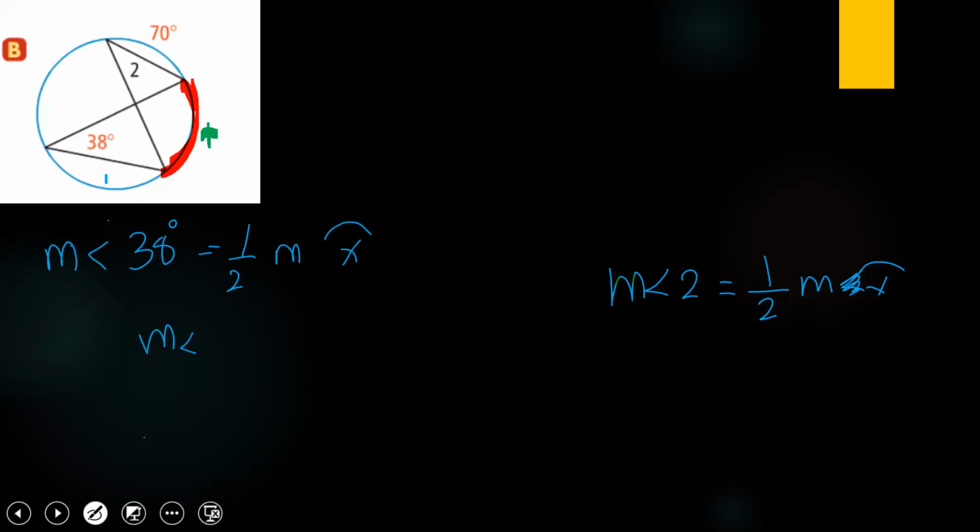So that means the measure of arc x will be 2 times 38, which is 76.